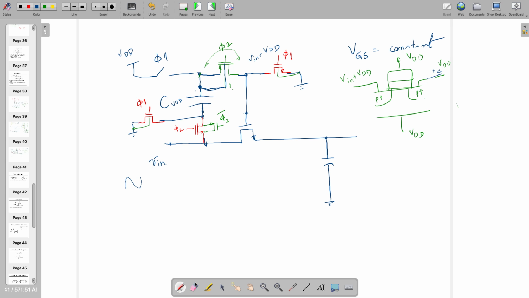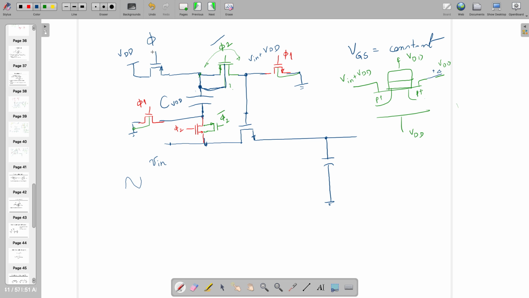Now, what will we switch over here? VDD I want to transfer here. But here, if I am using PMOS, if this is connected to, first of all, this has to be phi 2 bar, because this is PMOS.